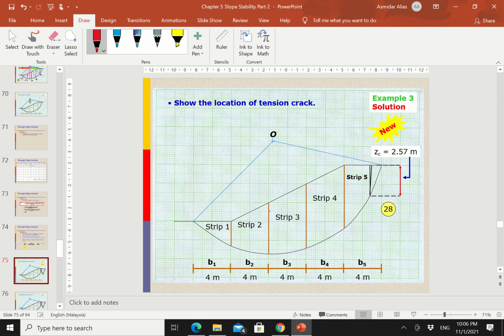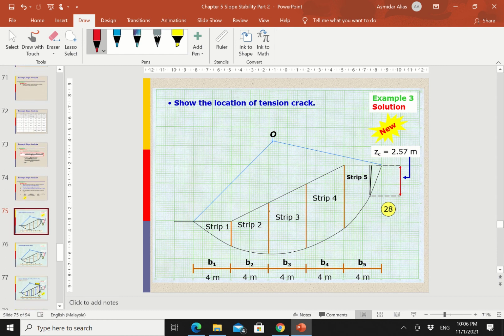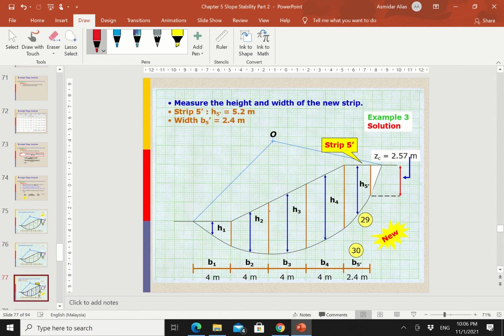Now we can see that strip number 5 will be modified into a new shape, and we are using that measurement of Z0 to determine the new shape for slice number 5 or strip number 5. So next is to calculate the area for slice number 5, and of course to position it.